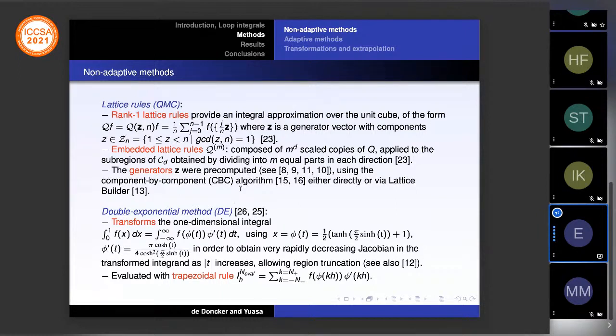The generators for the lattice rules to generate the grid are pre-computed. Then as the second non-adaptive method, we have the double exponential method, DE, which does a transformation in each direction that transforms the integral range to an infinite range, and then applies the trapezoidal rule for the approximation.